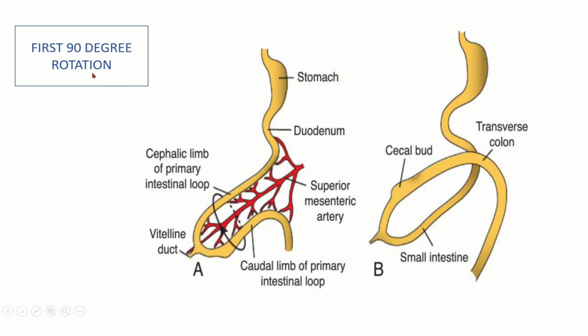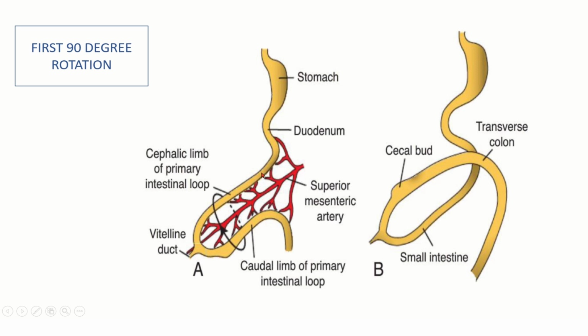Then what happens? There will be a first 90 degrees of rotation counterclockwise when we are seeing from the ventral aspect. So the pre-arterial segment will come to the right side and the post-arterial segment will go to the left side.